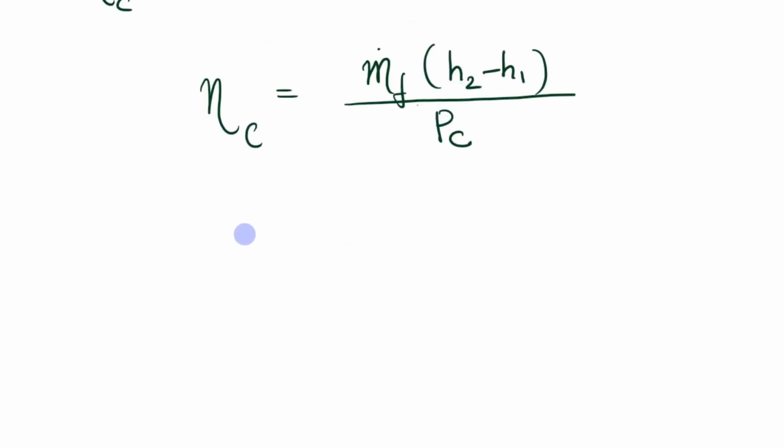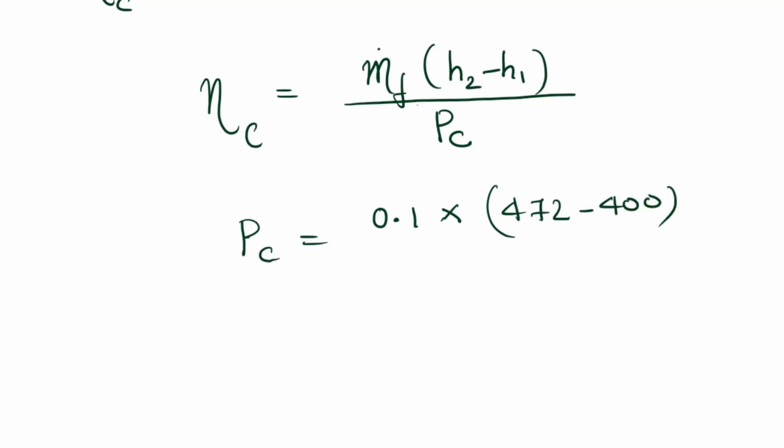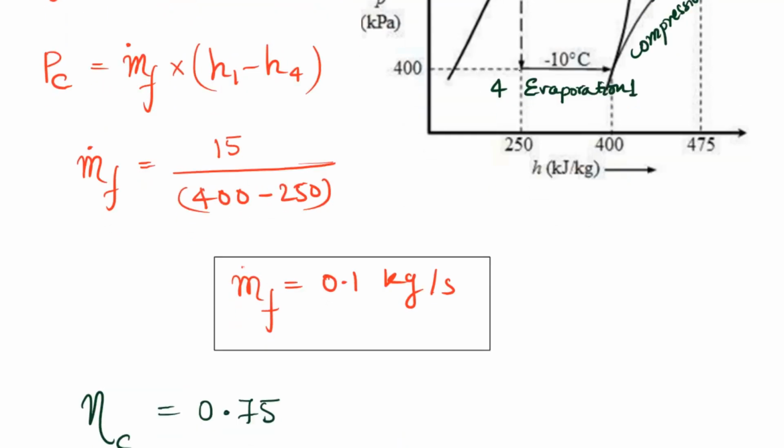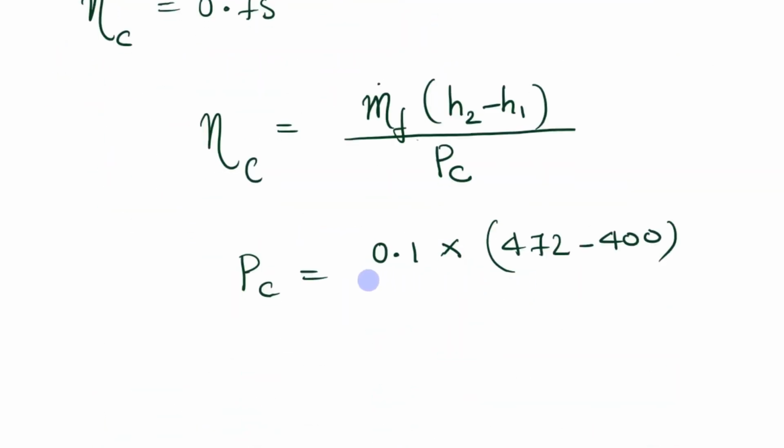So let's write here, compressor power should be equal to the mass flow rate that we have just found, 0.1 kilogram per second, multiplied by h2, which is 475, minus 400 kilojoule per kilogram, whole divided by the isentropic efficiency.